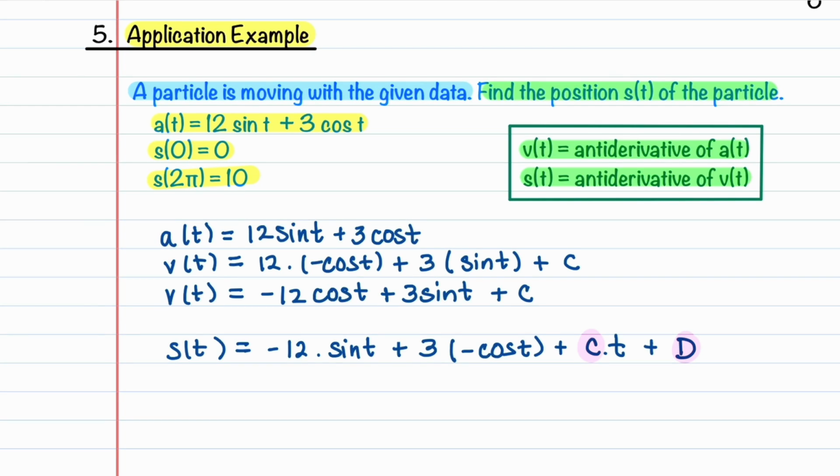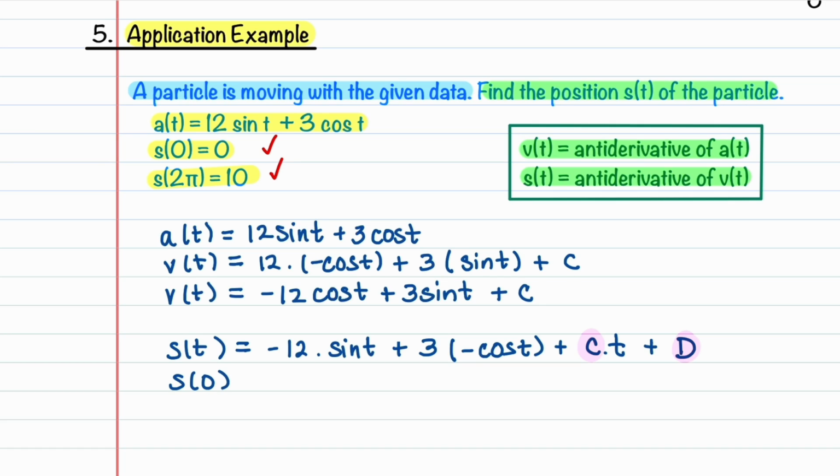To do that, we are going to use what we were given originally back up top here, that s of 0 is 0 and s at 2 pi is 10. Let's first let t be equal to 0. So s at 0 is going to be minus 12 times sine 0 minus 3 times cosine 0 plus c times 0 plus d.